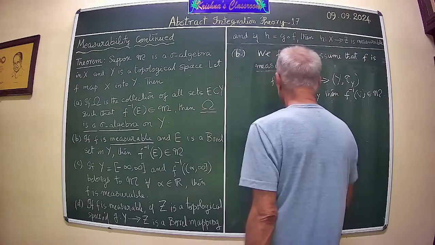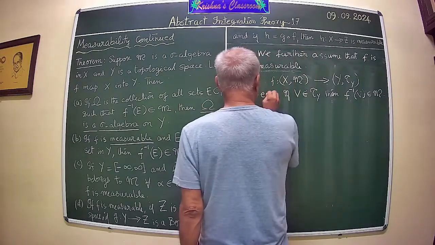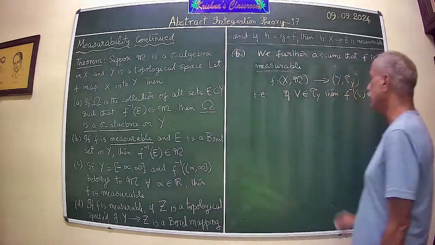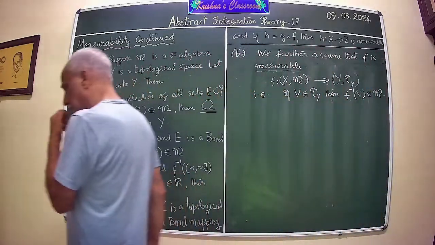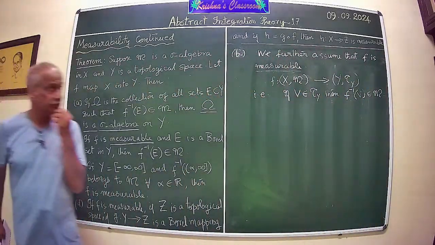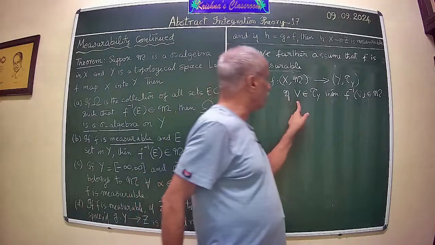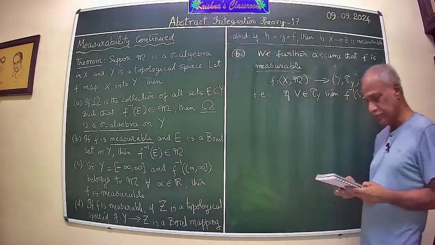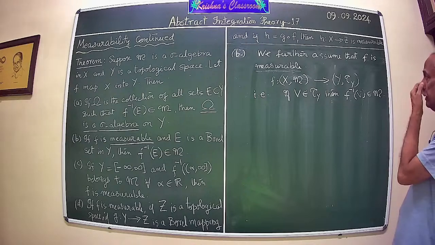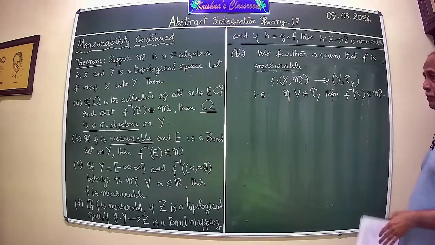Okay. This is the assumption. If V belongs to tau Y, then F inverse of V belongs to M. That is the meaning of saying that F is a measurable function.